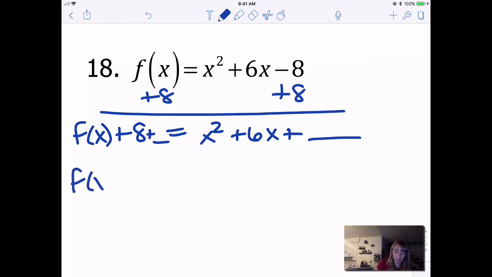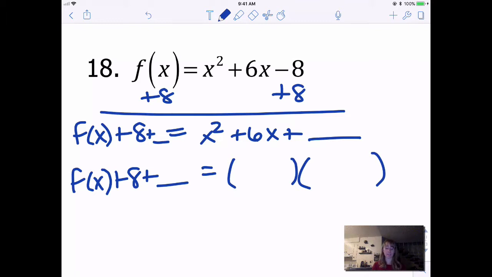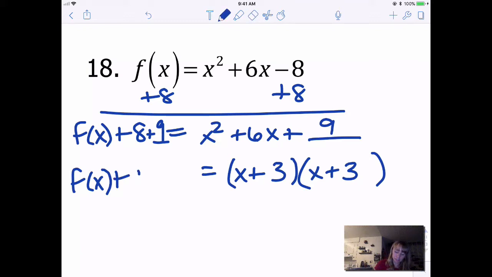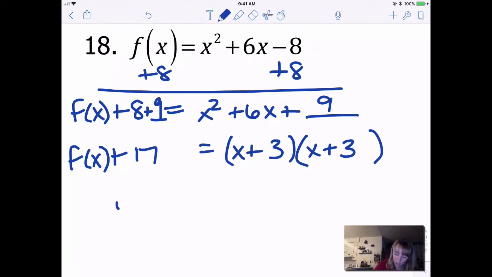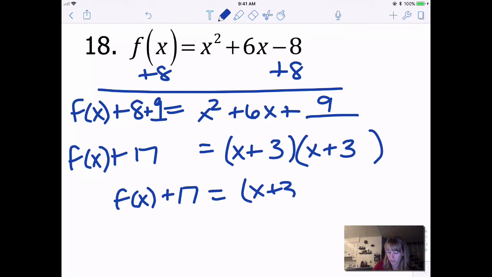So then I've got f of x plus 8 plus blank is, I've got to break up this side. So I have x plus and x plus. 6 divided by 2 is 3. So then I can take 3 times 3, and what goes in my blank is 9. So 8 plus 9 is 17. And I get f of x plus 17 is equal to x plus 3 squared.